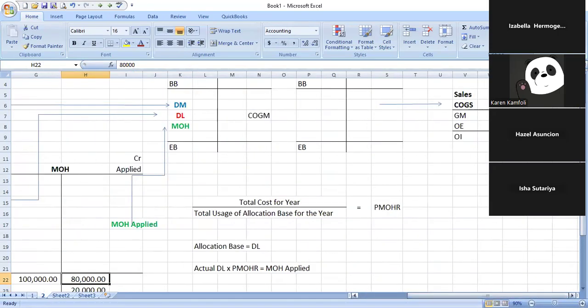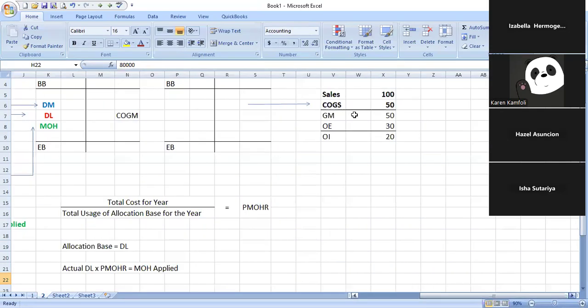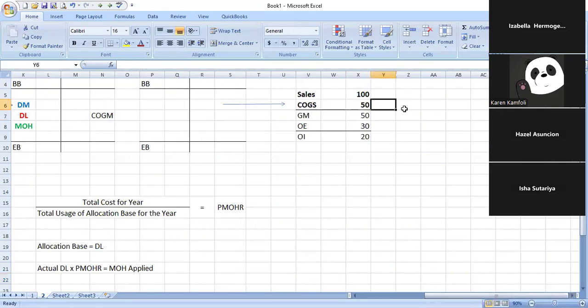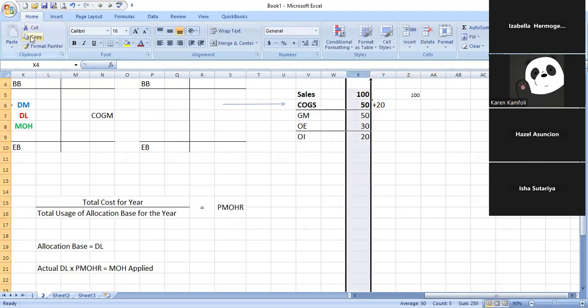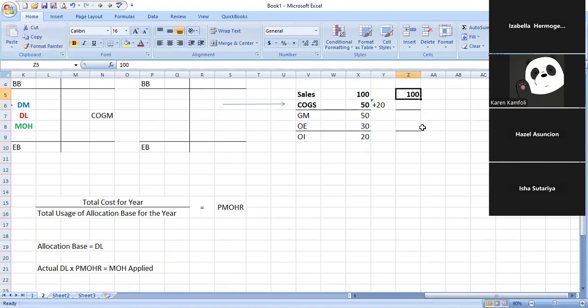Let's say we included $20,000 less, and this is our scenario. What do I have to do? I have to add 20,000 here. If I add 20,000 here, what's going to happen to my operating income? My sales is 100, my cost of goods sold now becomes 70.